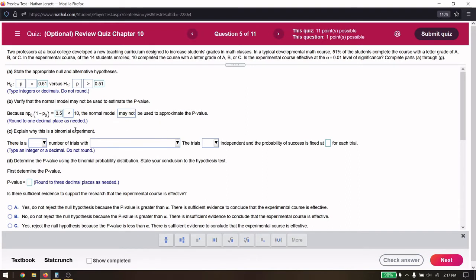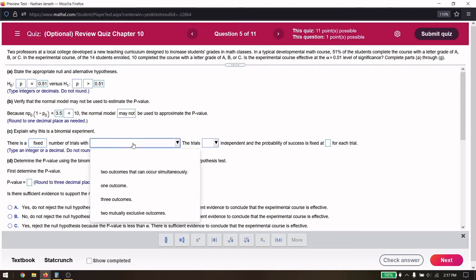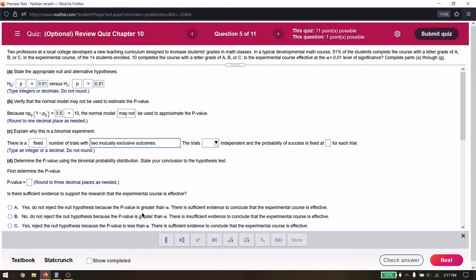So explain why this is a binomial experiment. All right, let's see what they have. There is a fixed number of trials with 2 mutually exclusive outcomes. Either they get A, B, or C, or they do not. It doesn't matter which one of A, B, or C they get or not. It's one or the other.